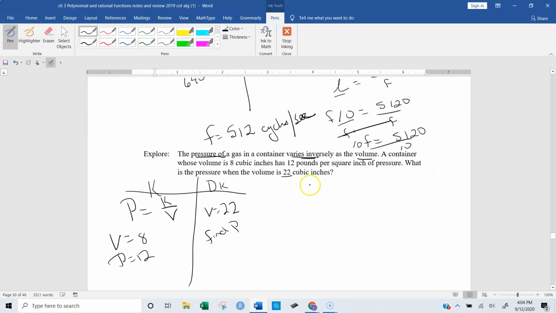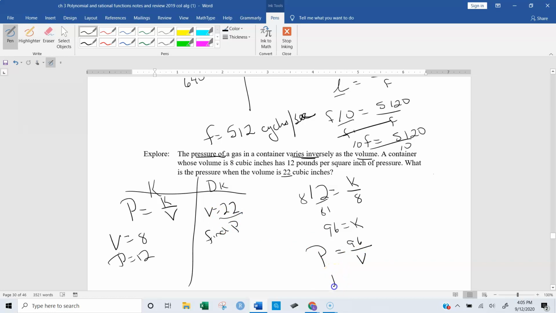I have to find pressure. All right, let's plug these in. So 12 equals K over 8. I'm going to multiply by 8 here. So 8 times 12 is 96 equals my K. So my new formula is pressure equals 96 over V. I'm given V this time.